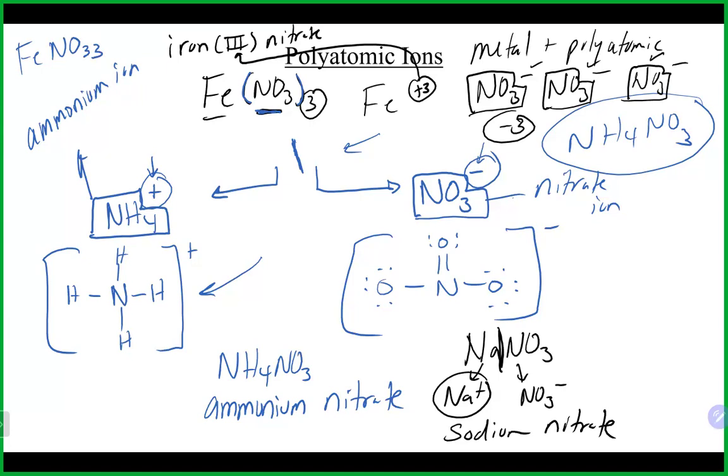I have how many oxygens? 33, which is not what you mean, right? Because you could clearly see here you have 3, 6, and 9 oxygens only. So you do need to always put brackets or parentheses around the polyatomic ion if there is more than 1. If there is just 1, you don't need the parentheses. But if there is more than 1 polyatomic ion, you do need to put parentheses around it and a subscript on the bottom to indicate how many you have. Any questions on that there?